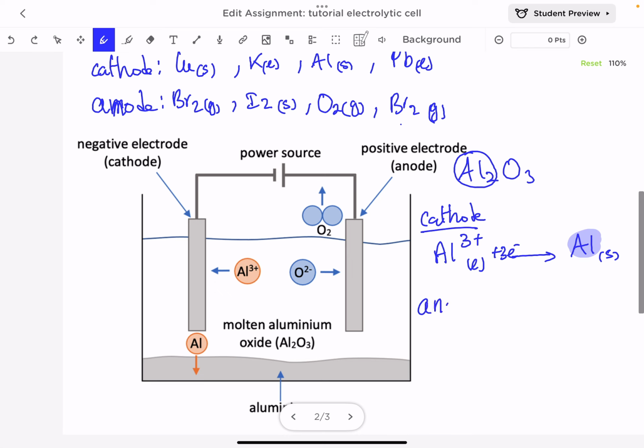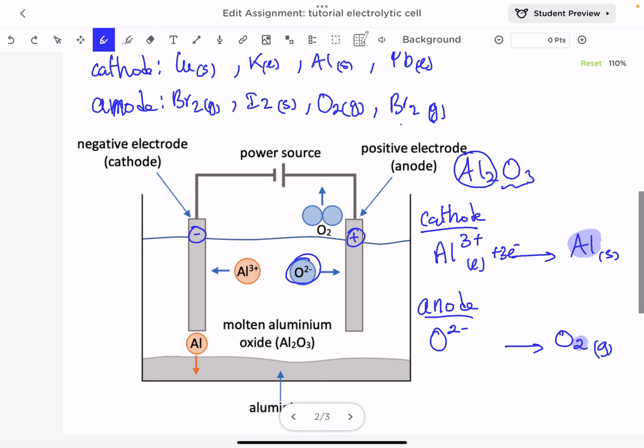Now at the anode, it's the other one. Whatever ion you have, oxygen is O2-. So here, O2- is going to get oxidized and discharge oxygen gas molecules. It's always a diatomic molecule. So whatever anion I have, I'm going to get a diatomic molecule.